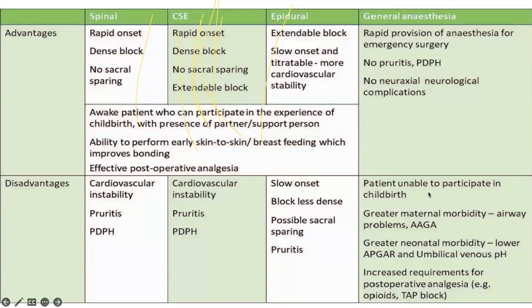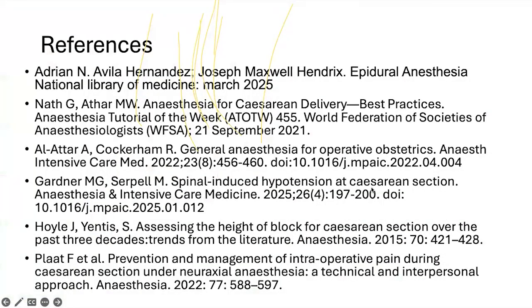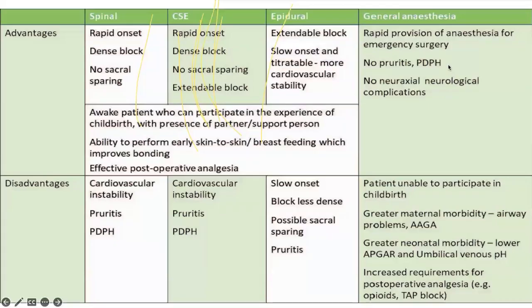The general anesthetic gives us the provision to give a rapid anesthetic with no time lost in emergency surgery, and it eliminates all the neuraxial complications, no pruritus or PDPH, but the patients are unable to participate in childbirth.